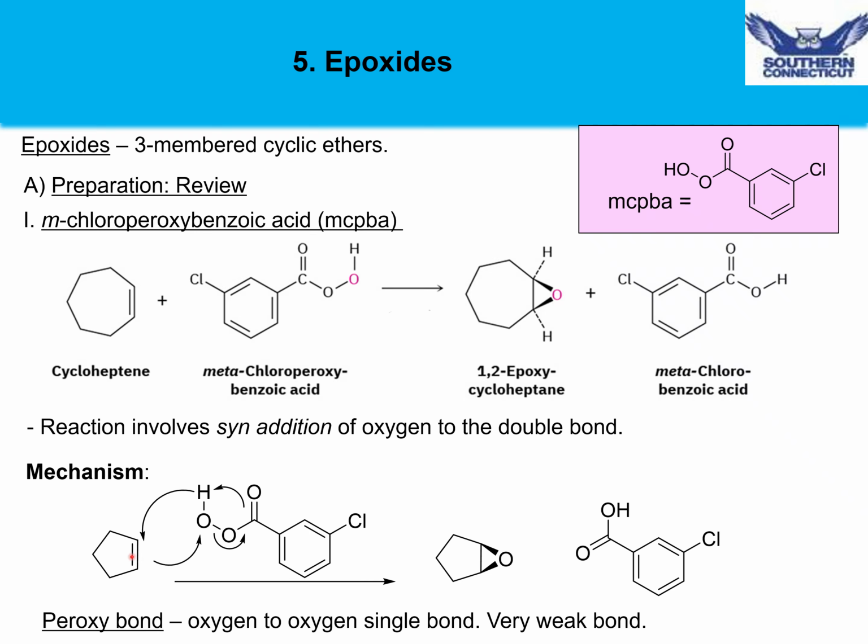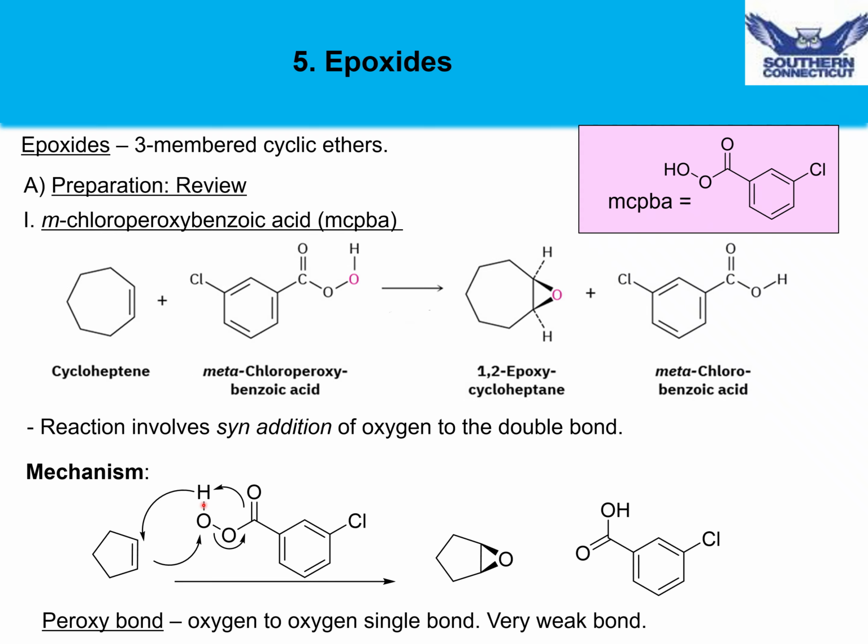Here is a look at the mechanism. It starts with the double bond attacking the outer oxygen, breaking the peroxide bond. An oxygen to oxygen single bond is called a peroxide bond, so it's a very weak bond. Those electrons will be shifted here between the oxygen and this carbon. Then one of the pi electrons of the double bond will be used to pick up this hydrogen, so that hydrogen goes to the oxygen.